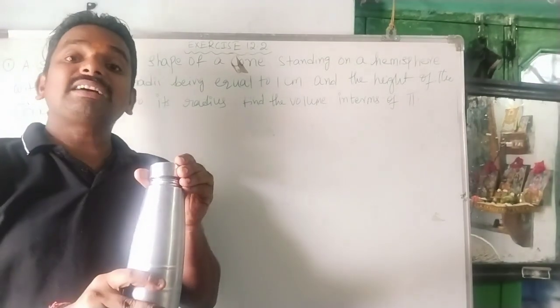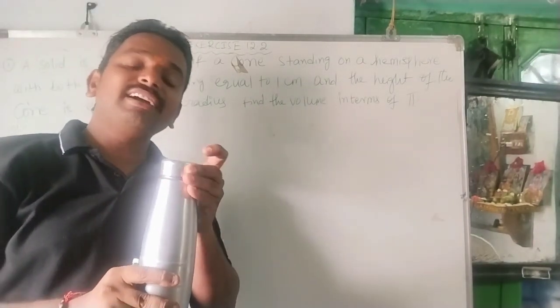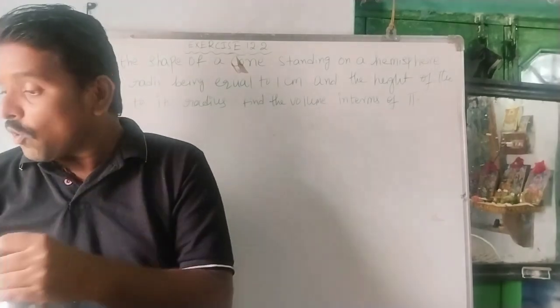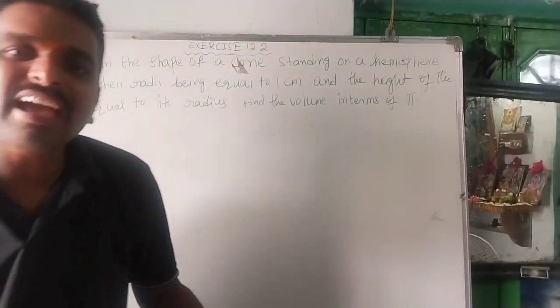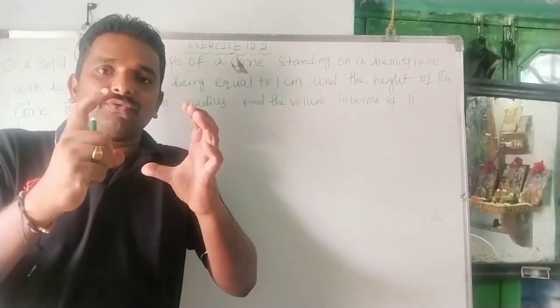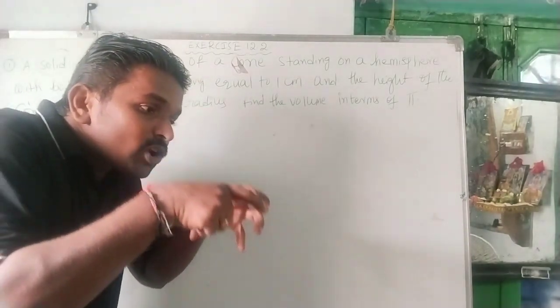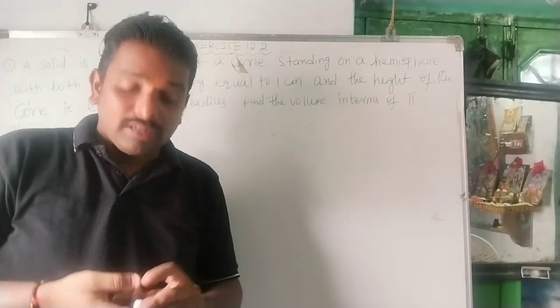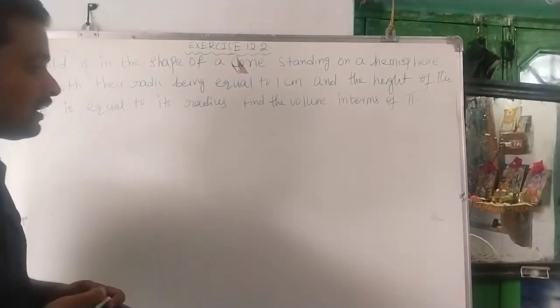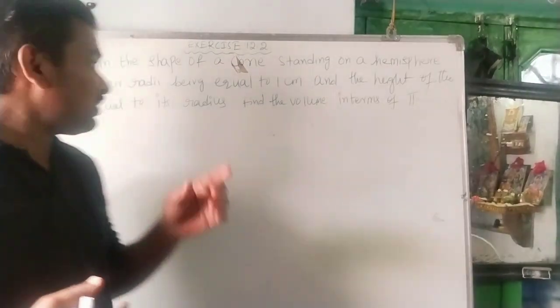If there is some space inside of any three-dimensional figure, that figure is called a hollow figure. Hollow means nothing, empty. If the inside portion of the three-dimensional figure is empty, that figure is called a hollow figure. Otherwise, it is called a solid figure.